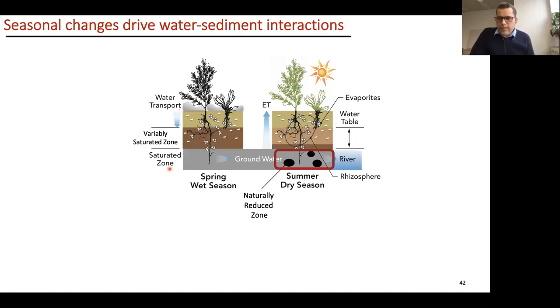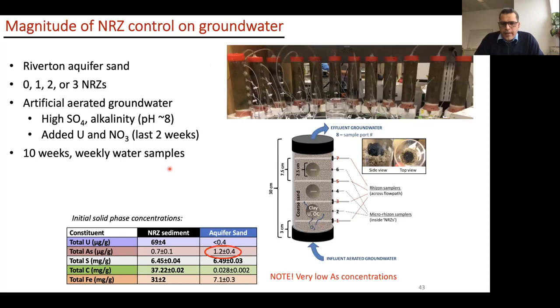So we picked up some of it. It was trickier to do that because they were smaller in size. So we picked up quite a bit of those reduced lenses, as we call them, brought back to the lab, and brought some sediment from the site as well. And what we designed in lab were column experiments.